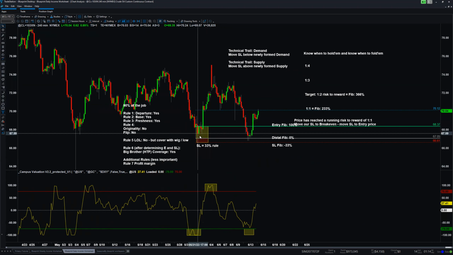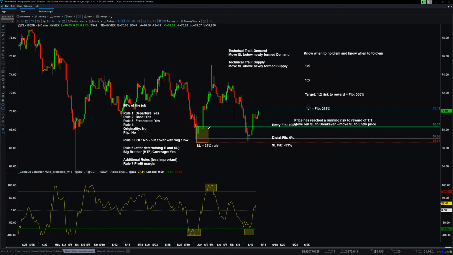But in this case, this was our original zone from proximal to distal. And then how far has price traveled away from the zone before it came back? In this case, price traveled all the way to here. That was the high. Before then, price came back into our zone. So in terms of risk to reward, I want you to just eyeball that.